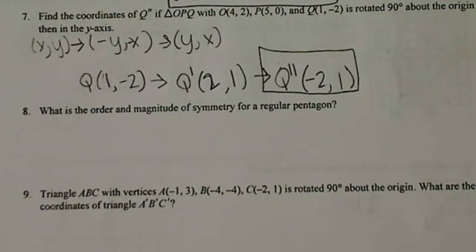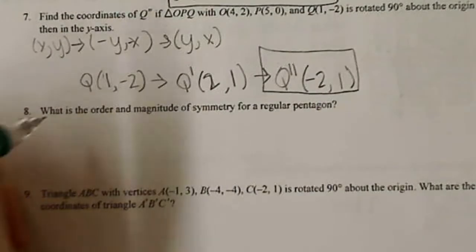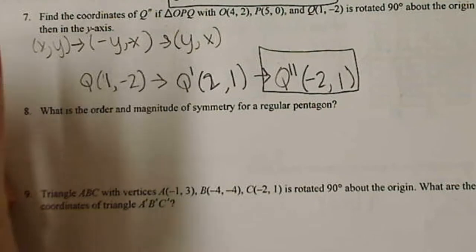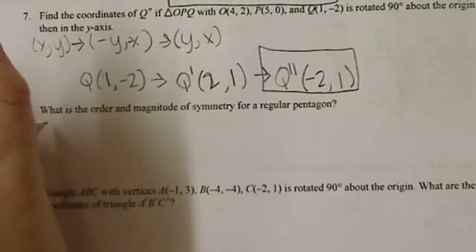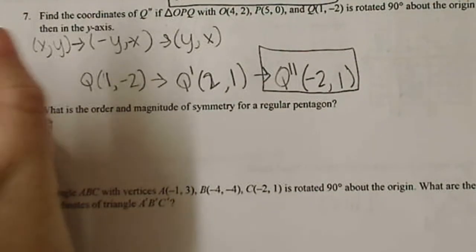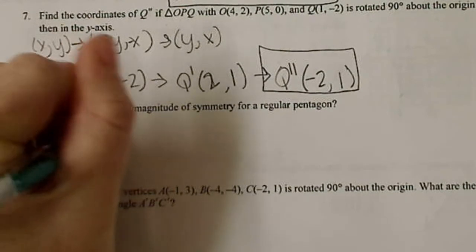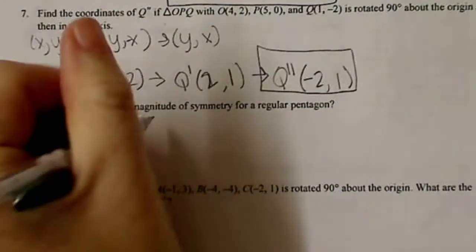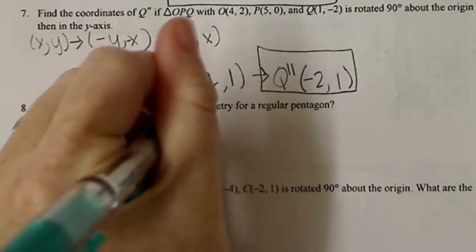Number 8, order and magnitude. Remember, order means how many times you have to rotate it, and magnitude means how many degrees. So the pentagon has 5 sides.